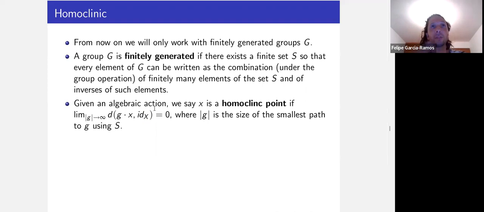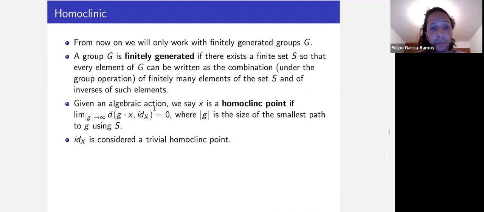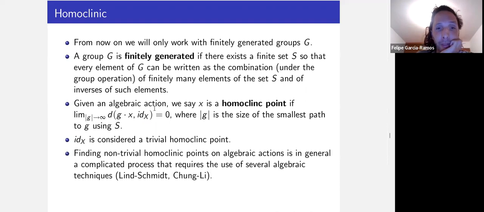So this is kind of like in any direction you want to go, this is a homoclinic point in this situation. So the identity is always a homoclinic point, but actually finding other homoclinic points can be complicated.